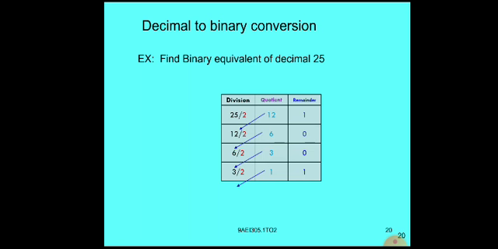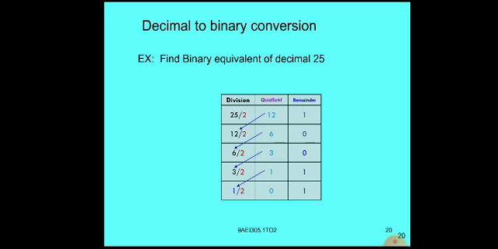Take the 6, divide it by 2. You will get quotient 3, remainder 0. Take the quotient 3, divide it, and you will get 1, and next the last 1 by 2, that means you will get the quotient 0 and remainder 1.